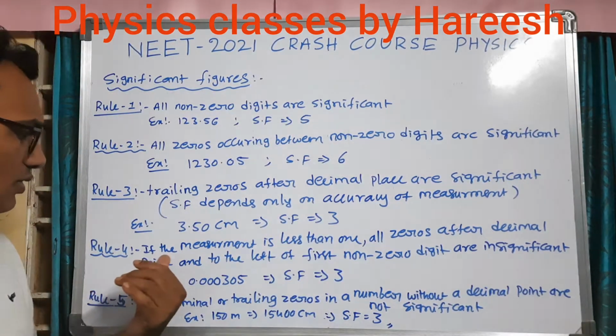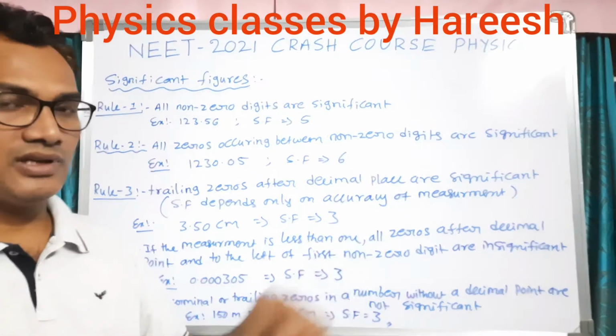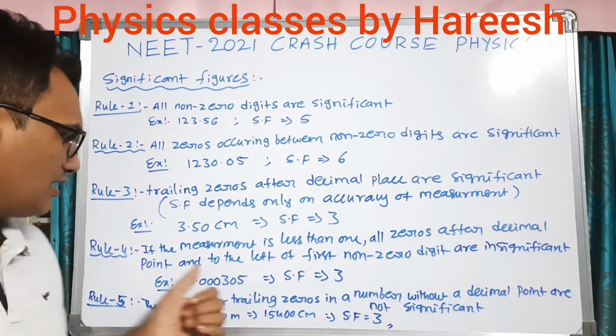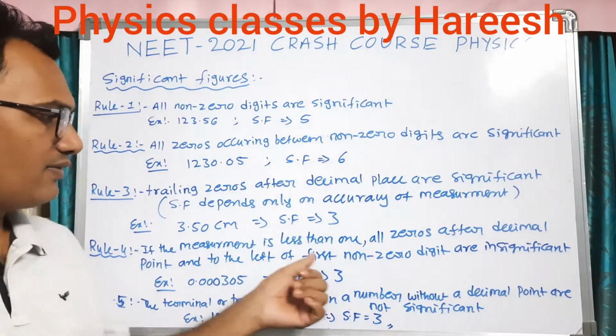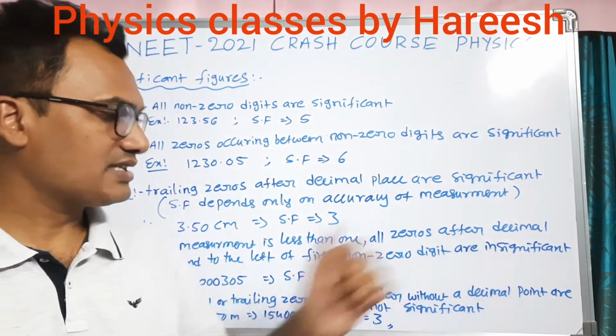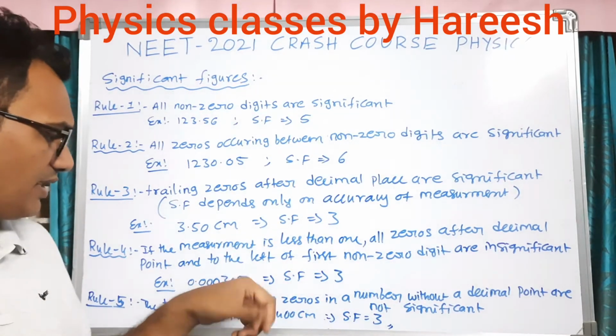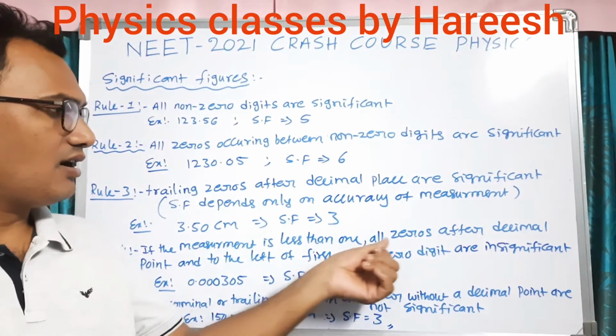Next, rule number 4: if the measurement is less than 1, then all zeros after the decimal point and to the left of the first non-zero digit are not significant. They are all insignificant. See here, the given measurement is 0.00305.